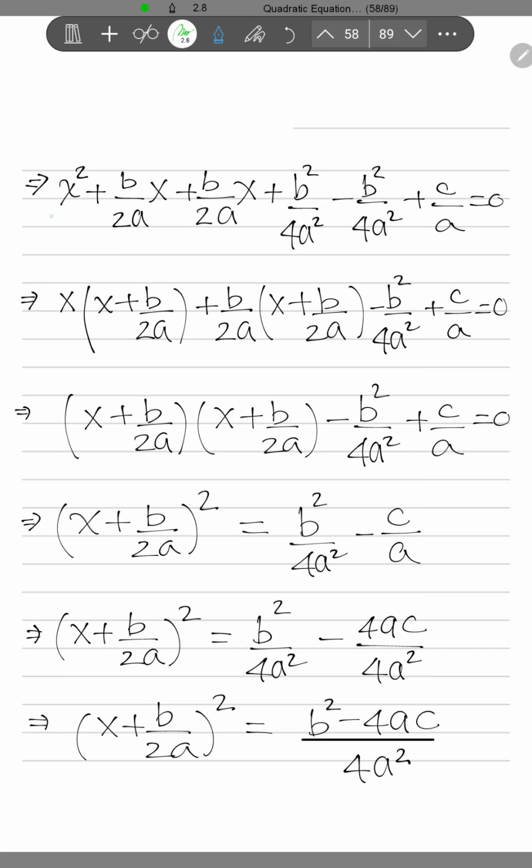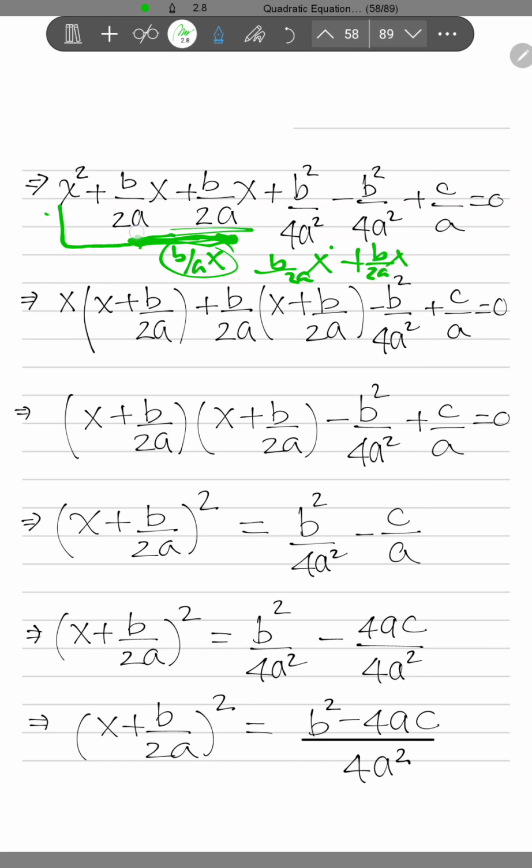Now a completing square technique is applied here. x squared plus b over 2a x plus b over 2a x. We split b over a into 2 here. We used to have b over a x, and when we split this into 2 equal parts, we get b over 2a x plus b over 2a again x.